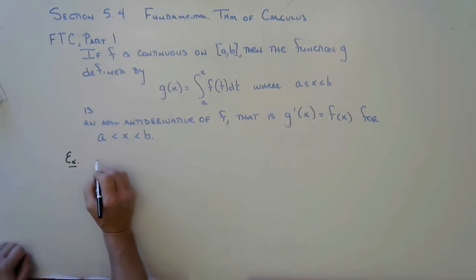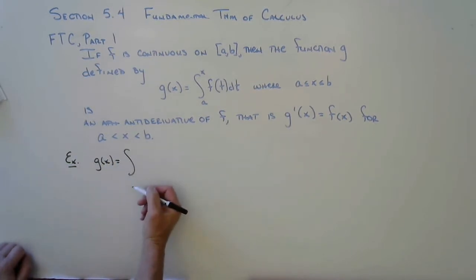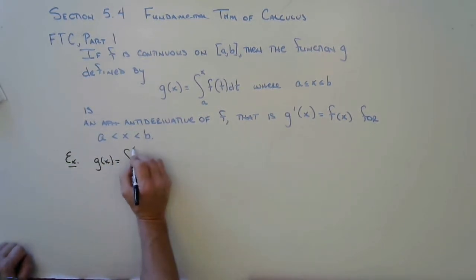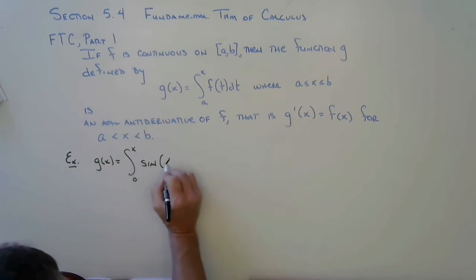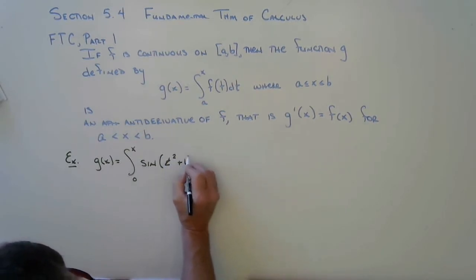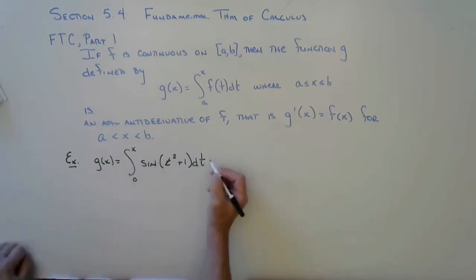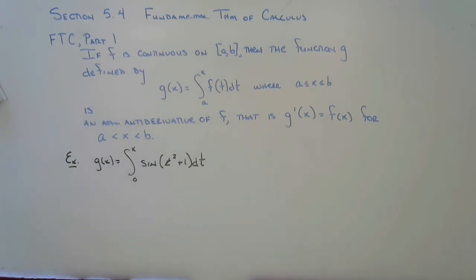They could say g of x is the integral from 0 to x of sine of t squared plus 1 dt. Okay, they give us our area accumulating function. Now this one's more complicated than the one we did a second ago. We couldn't do the t table for this without a calculator.